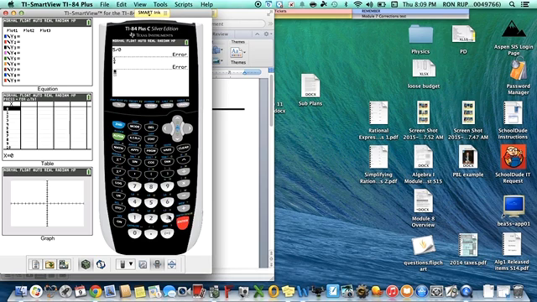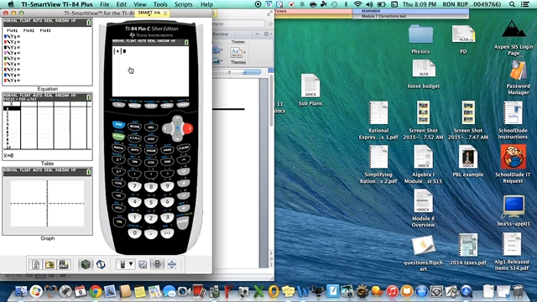Let's say I want to do the fraction 1/2 multiplied by 2/3.